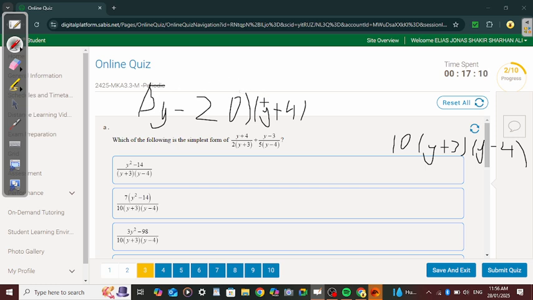5y multiplied by y, that's going to be 5y². 5y multiplied by 4, that's going to be 20y. Negative 20 multiplied by y is going to be −20y.